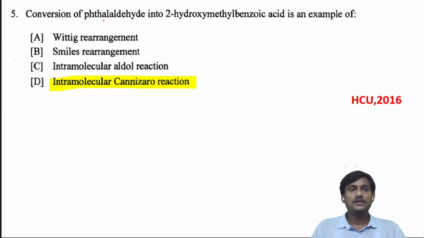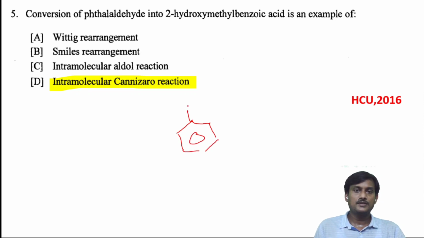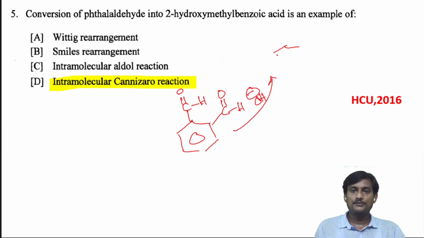Conversion of phthalaldehyde into 2-hydroxymethyl benzoic acid is an example of... This is phthalaldehyde. This one is the C double bond O H, and this one also C double bond O H. When you treat with OH minus, concentrated NaOH, there is a self oxidation and reduction, intramolecular.